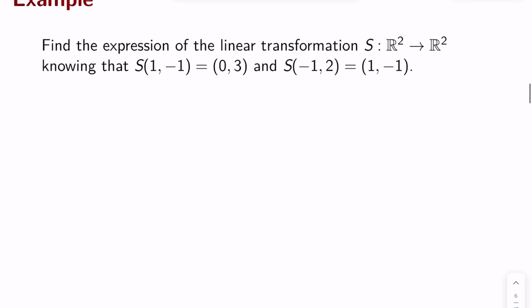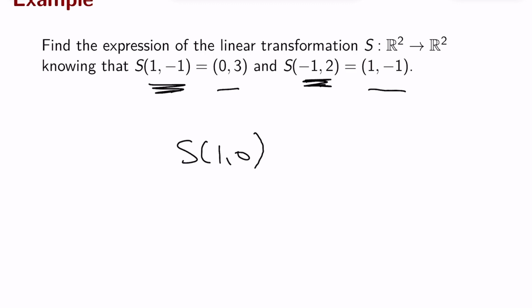So, for instance, let's see this example. We have a linear transformation from R2 to R2, the transformation S, and what we know is that S sends this vector to this, and this vector to this. But they don't tell us how much is S of 1, 0. That is what we would like to know, right?